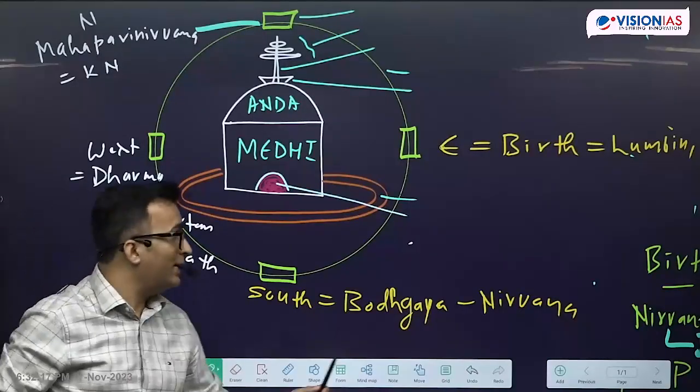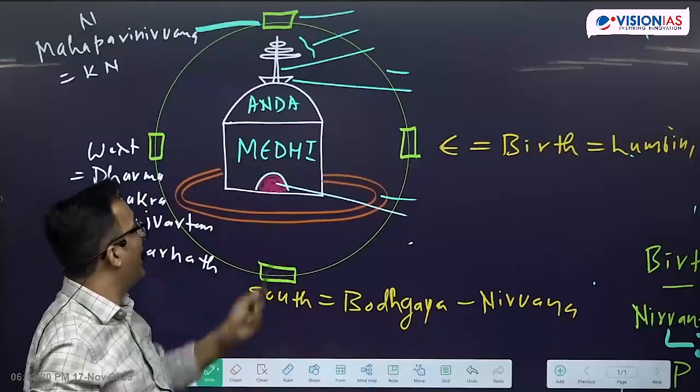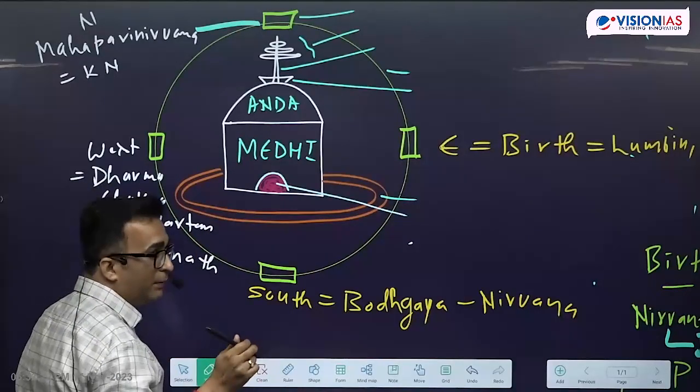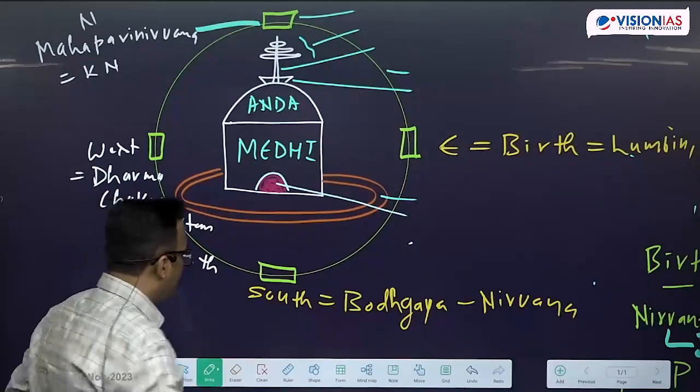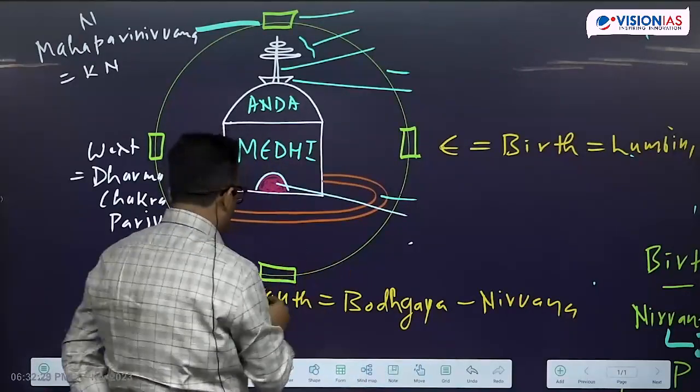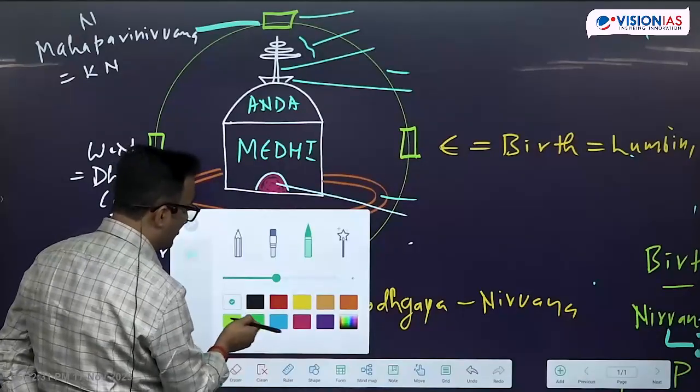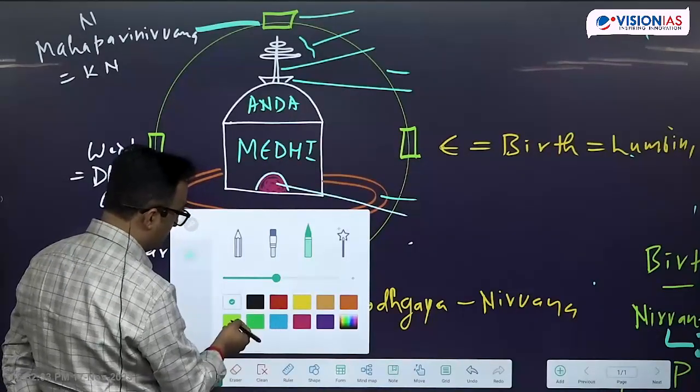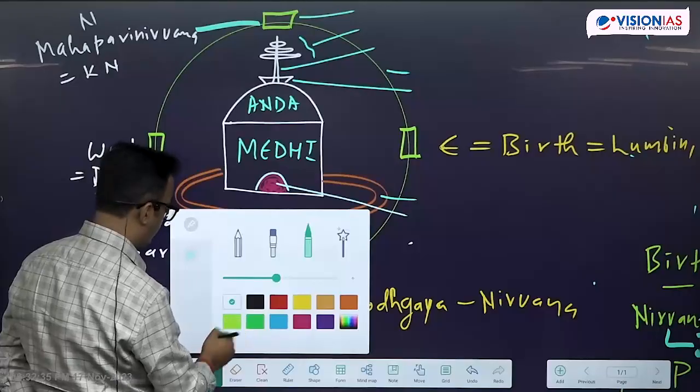Then let's come to this part, anda and harmika. So anda is the oval part. It is indicative of the fact that everything in life comes in a circular way. But the most important, I'll create one image. Which color have we used? So listen.